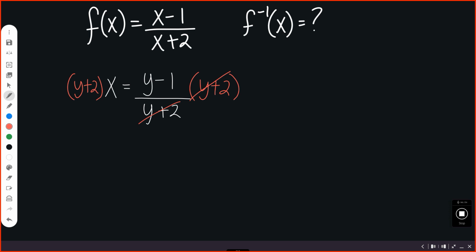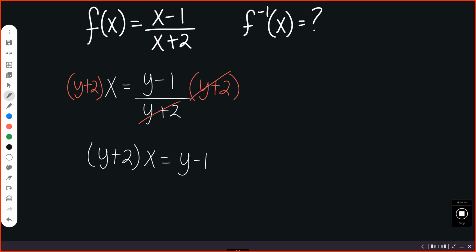So I'm going to rewrite this, and I have y plus 2, x equals y minus 1. What do we do next? I would distribute. Let's distribute this x. Because look, I'm trying to isolate y, but I have two y's.